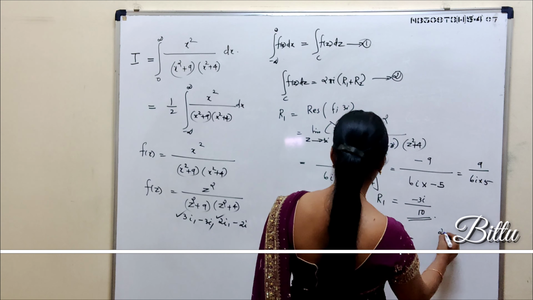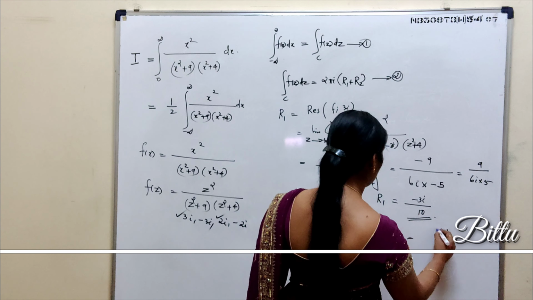That is (2i) the whole square by 4i into ((2i) square, it is minus 4) minus 4 plus 9, it is 5. So it is minus 4 divided by 4i into 5. One by i is minus i. So it is i by 5.